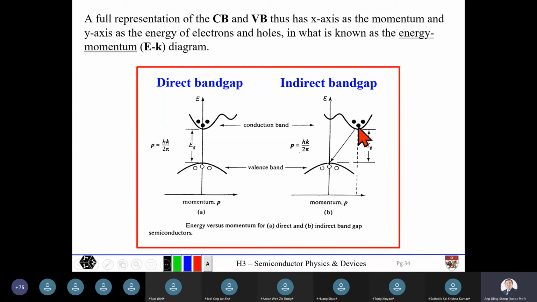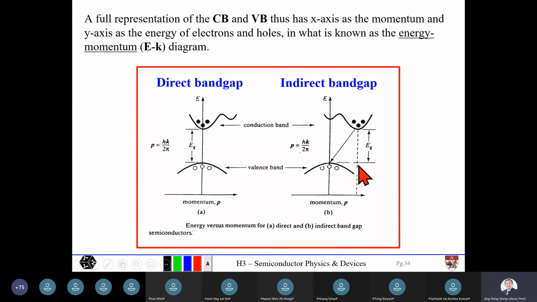So in order for this electron to recombine with the holes, its momentum must be changed to a value that is similar to that of the hole. Because an electron cannot change its own momentum by itself, we need a third party, which is called the phonon. A phonon is actually a lattice vibration, or a vibrating atom, to help the electron change its momentum.